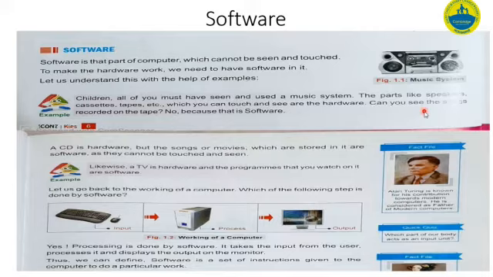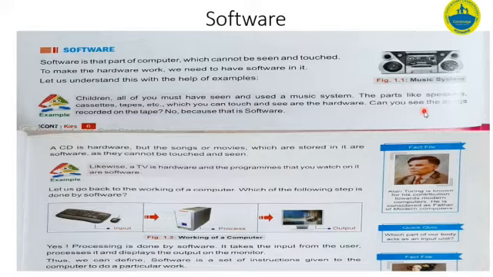Similarly, in the computer, we can touch the keyboard, the mouse, and the monitor screen. But if we are drawing in MS Paint, we can draw the picture using the mouse, but we cannot touch MS Paint. So MS Paint is software.